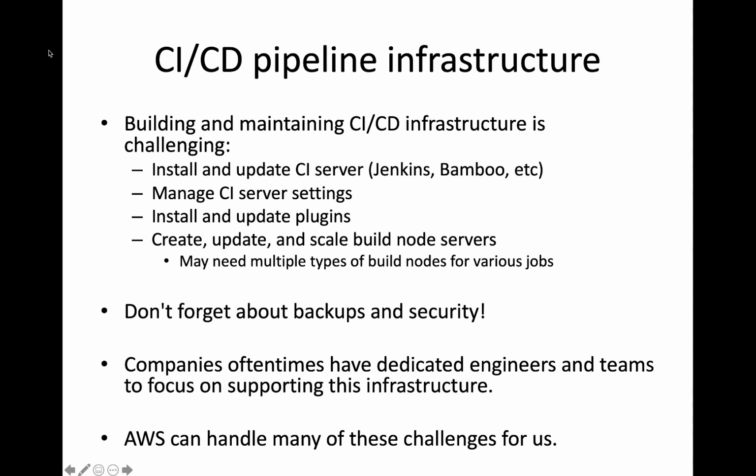And then you have to manage all this stuff. You've got to be able to scale the build environment as your teams scale. You've got to think about how do you back up your CI/CD systems? How do you make sure they're secure? Just managing the updates of all the plugins and the CI system itself, it can be really, really challenging.